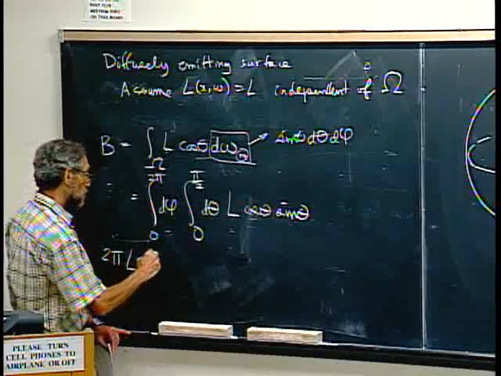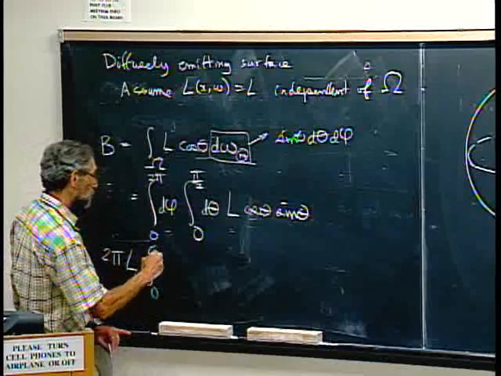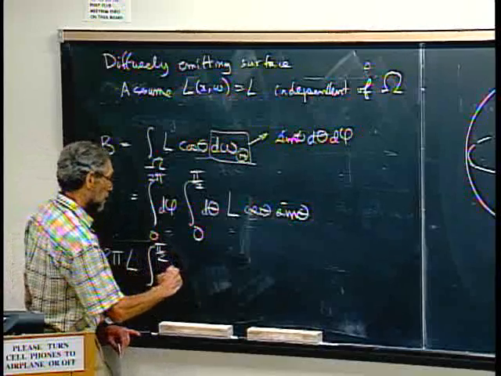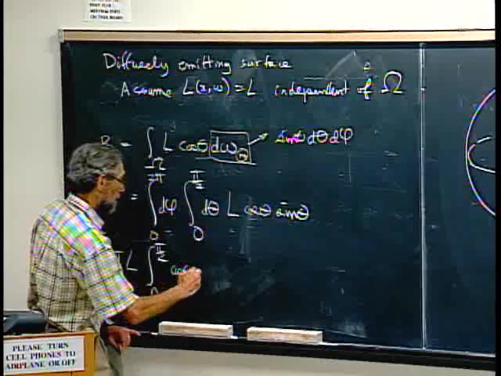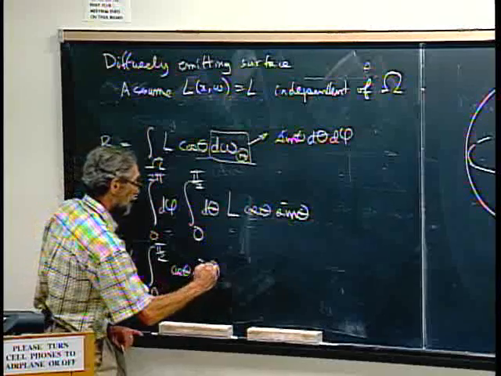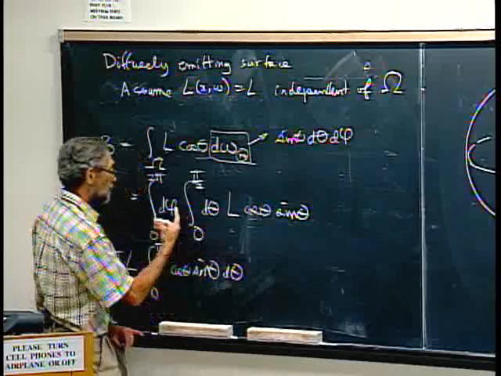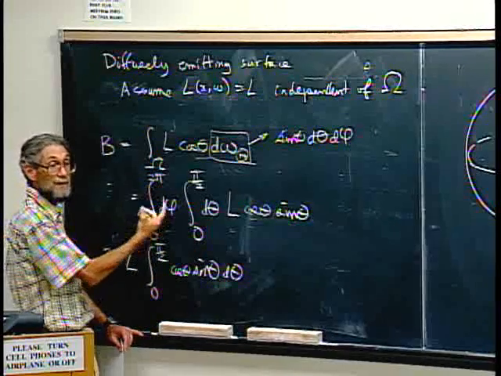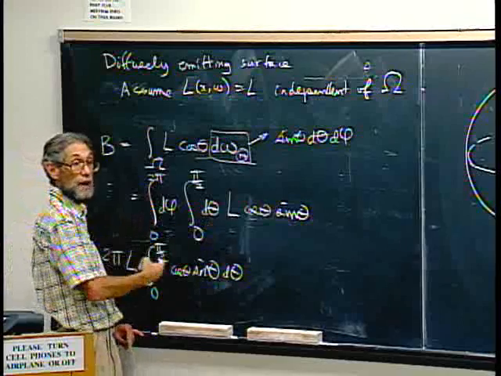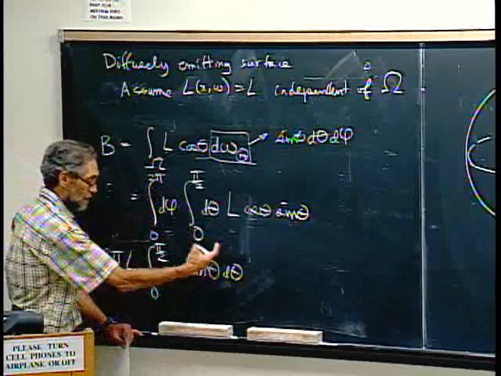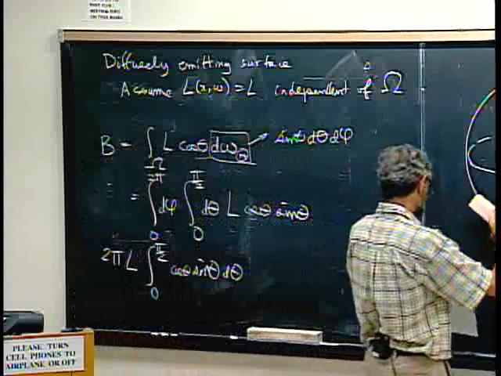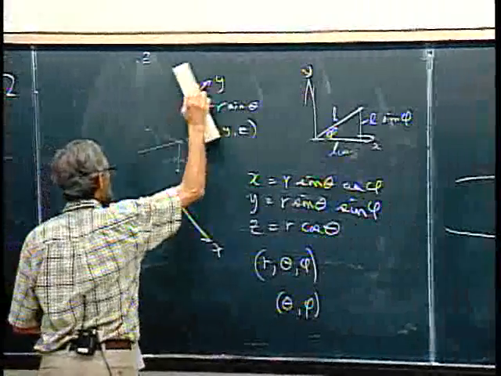And then what I still have to do is the integral from 0 to pi halves of cosine theta sine theta d theta. My d phi just made my 2 pi here, because it's a constant that doesn't depend on phi, times d phi. So I just need this thing. Now let me see if I can finish that integral in 3.5 minutes.